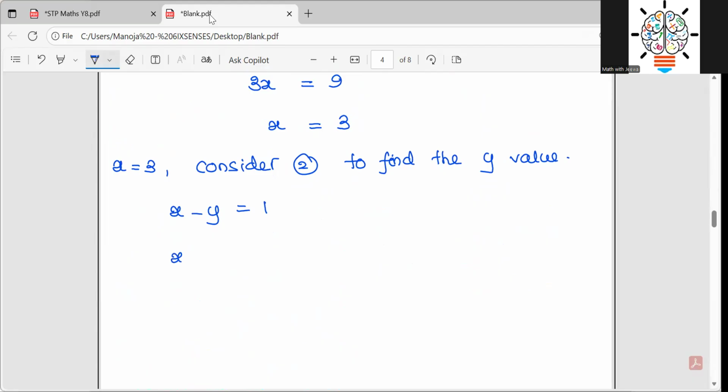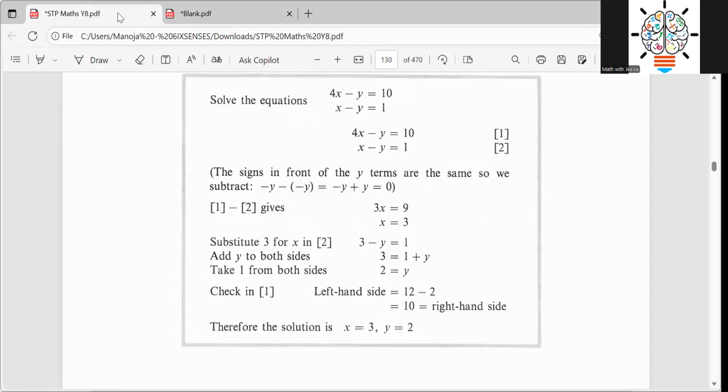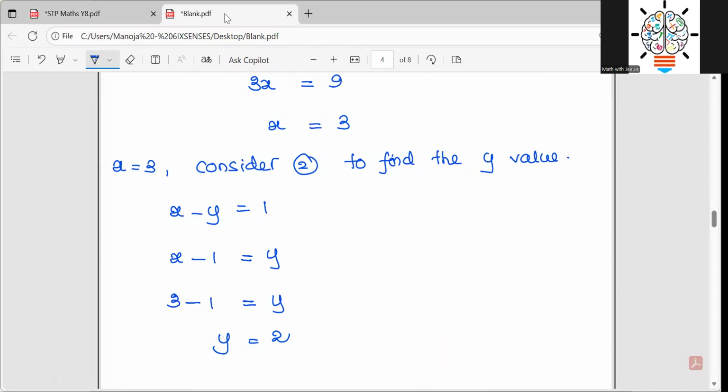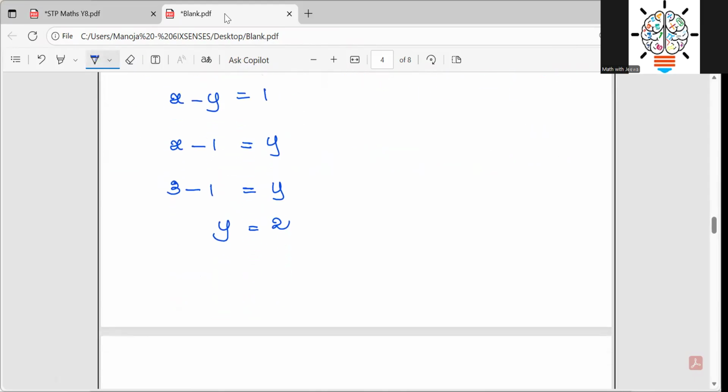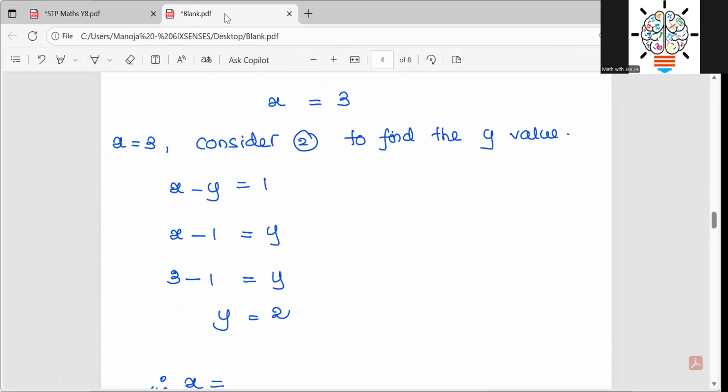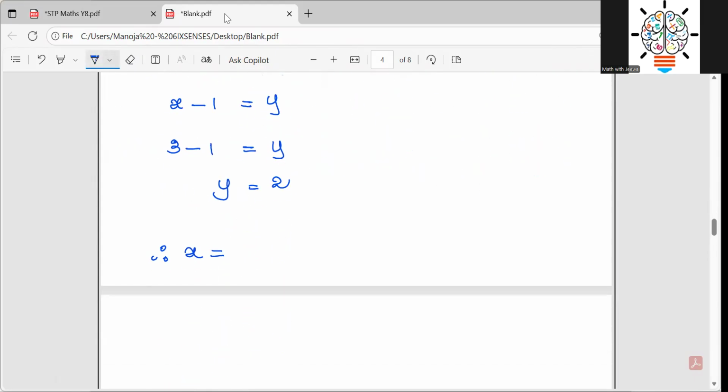Then I bring this 1 to this side and negative y to this side. Now x is 3. 3 minus 1 is equal to y. y equal to 2. So then you can conclude it. Therefore, x is equal to 3 and y is equal to 2.